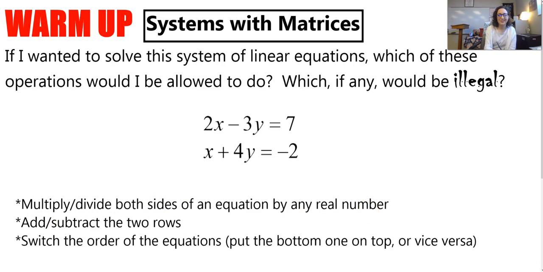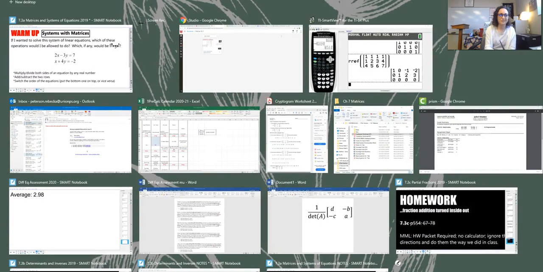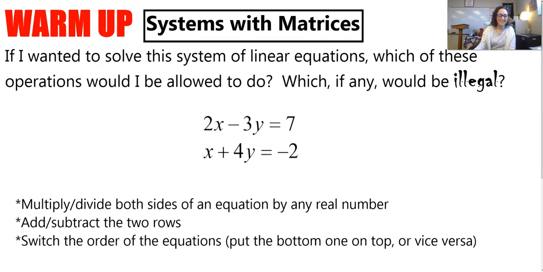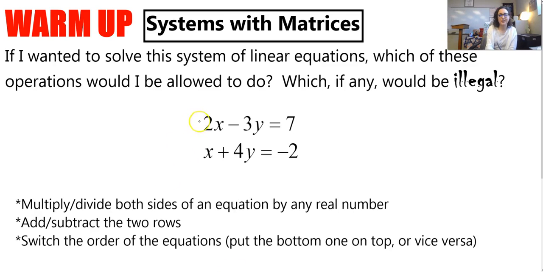All right, so can I multiply or divide both sides of an equation by any real number? This is the tricky one. We always say if you do one thing to one side, you have to do the same thing to the other side, right? This is true, except there is a little trick here. I can take both sides of the equation and multiply by 2, or -2.